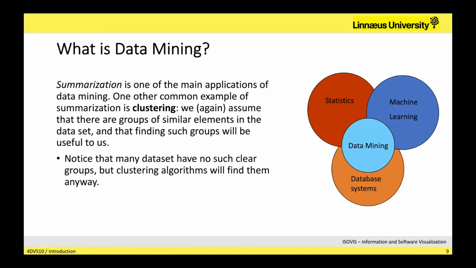Before, in the previous example, we assumed that the data was coming from a Gaussian distribution. And when we do clustering, we're assuming that there are groups of similar elements in the data set. And we assume that these groups are forming somewhat cohesive groups, and that these cohesive groups have more in common with each other than they have with elements from outside of the cluster, right?